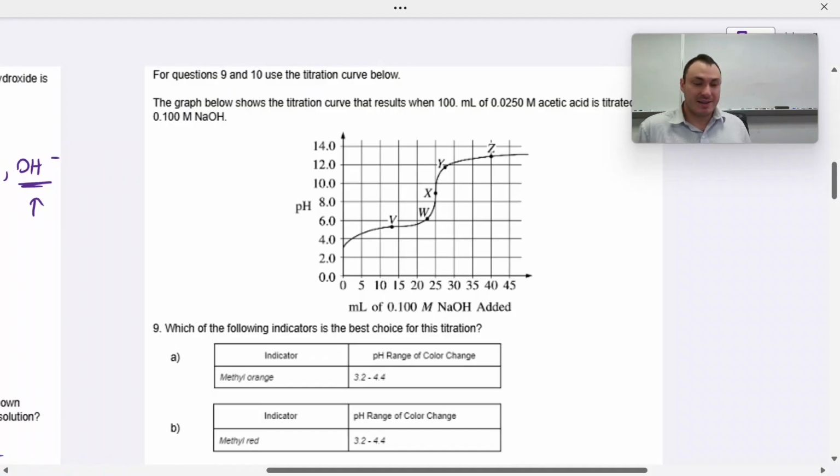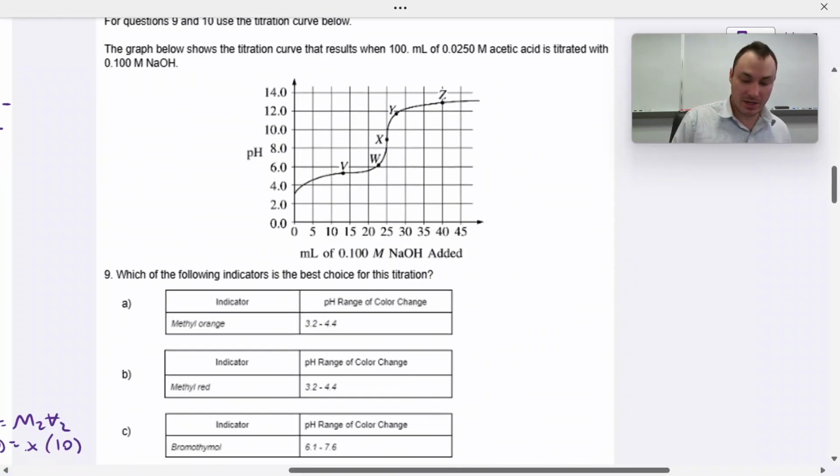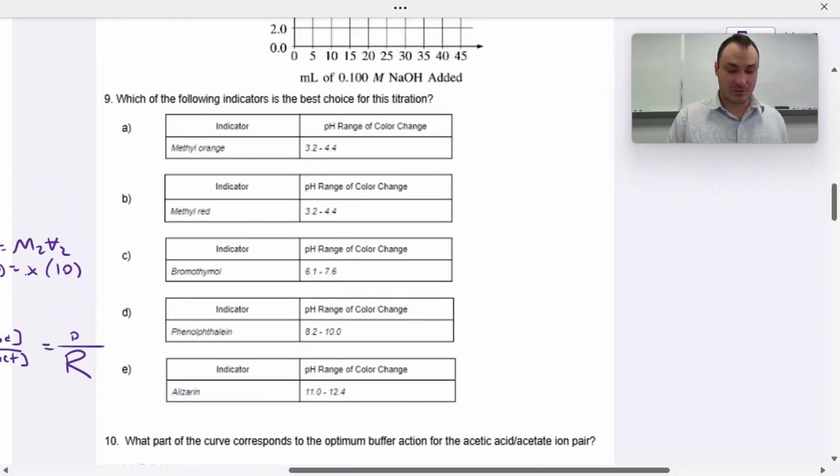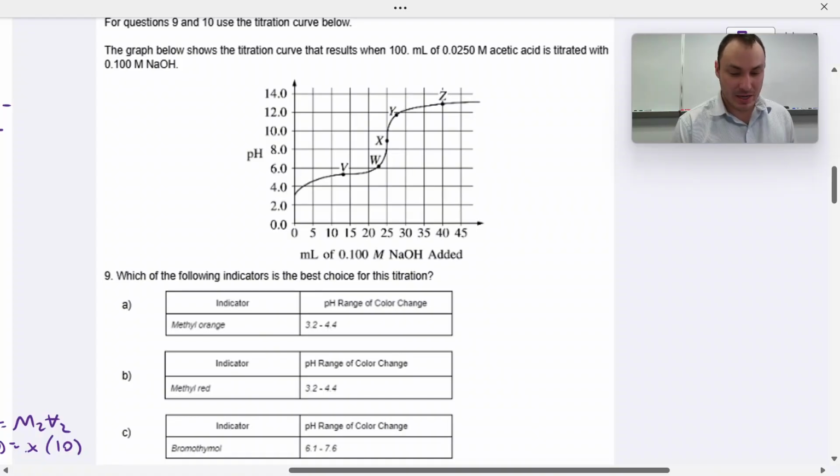For questions 9 and 10, use the titration curve below. We have 100 milliliters of 0.025 molar acetic acid titrated with 0.100 molar sodium hydroxide. Which of the following indicators is the best choice for this titration? We want an indicator that is going to be in the range of the equivalence point.